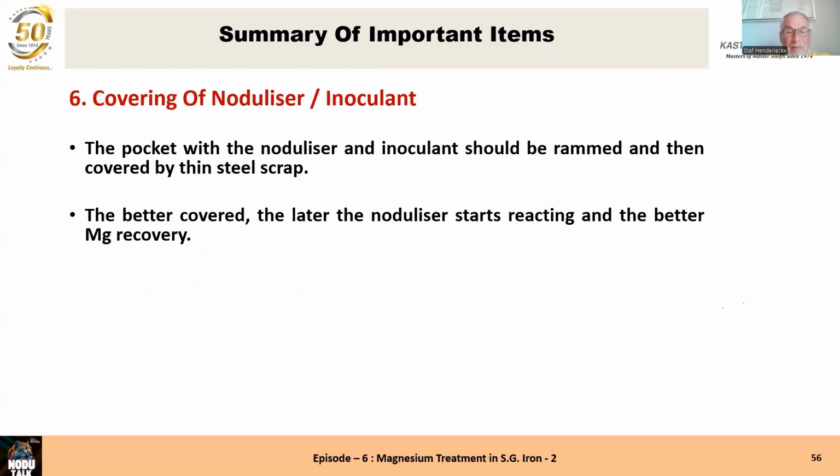Pay attention that due to the fact that we add also some thin steel scrap, the final carbon content of your metal will be somewhat lower, because in steel there is nearly no carbon. And the better covered, the later the nodulizer reaction starts and the better the magnesium recovery will be. So make sure that someone does it properly and someone else checks that it's done properly.